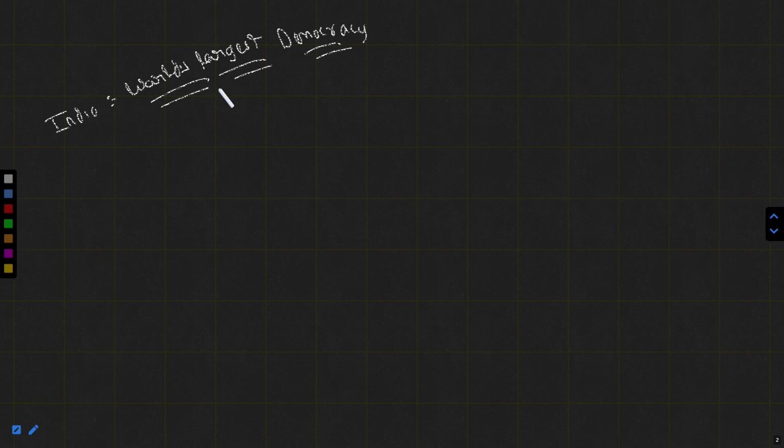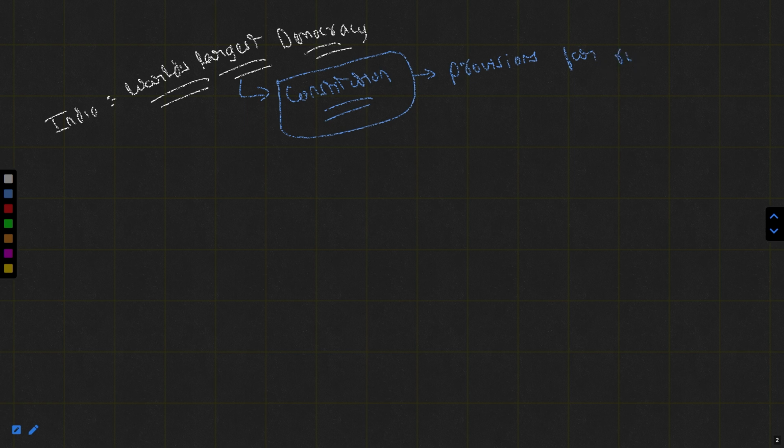And this world's largest democracy basically works on the book which we call the constitution. Remember that the constitution by itself cannot be implemented, because the constitution only contains the provisions for rules and regulations.